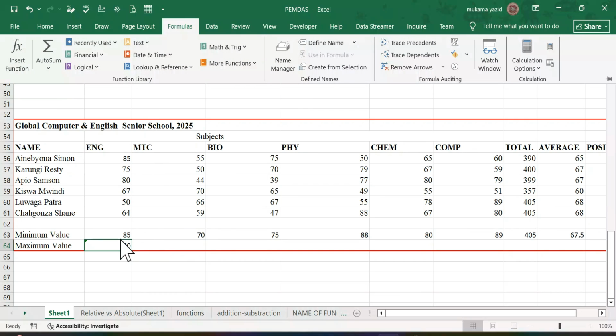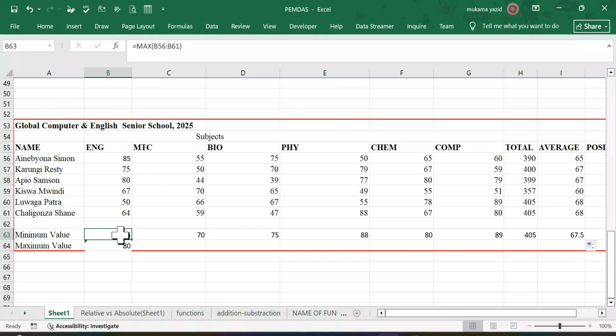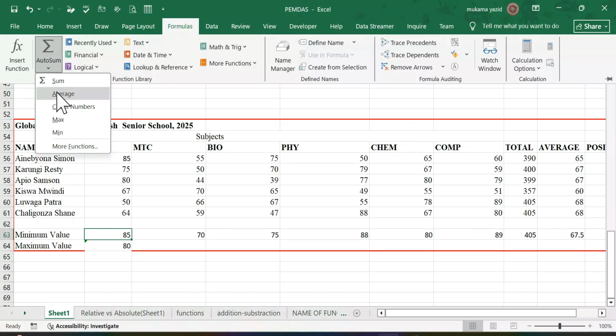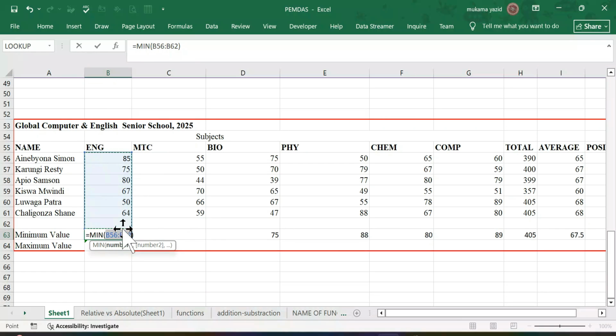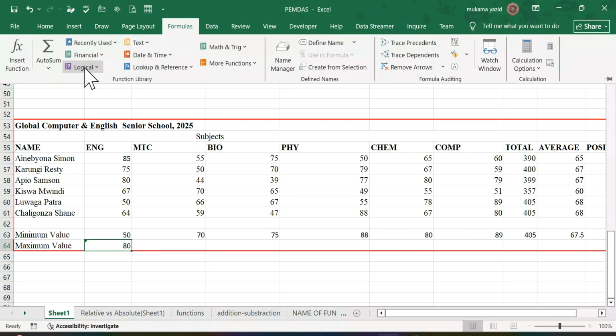Actually, the function I used here, maximum, was supposed to be for minimum. So I go here and change it, deselect this, then press enter. Then I come here and use a formula which gives me maximum.